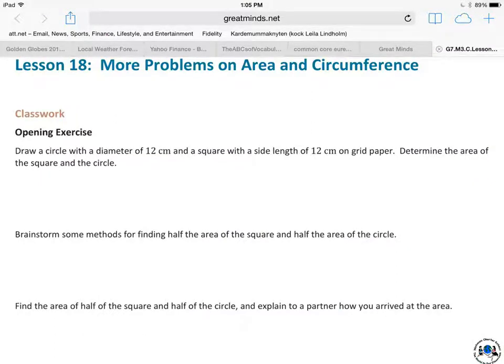Okay, and here's our opening exercise. It asks you to draw a circle with a diameter of 12 centimeters and a square with a side length of 12 centimeters on grid paper, and go ahead and determine the area of the square and the circle. Really important here too, because you have quite a bit of grid paper in your binder that I had given you at the beginning of the year.